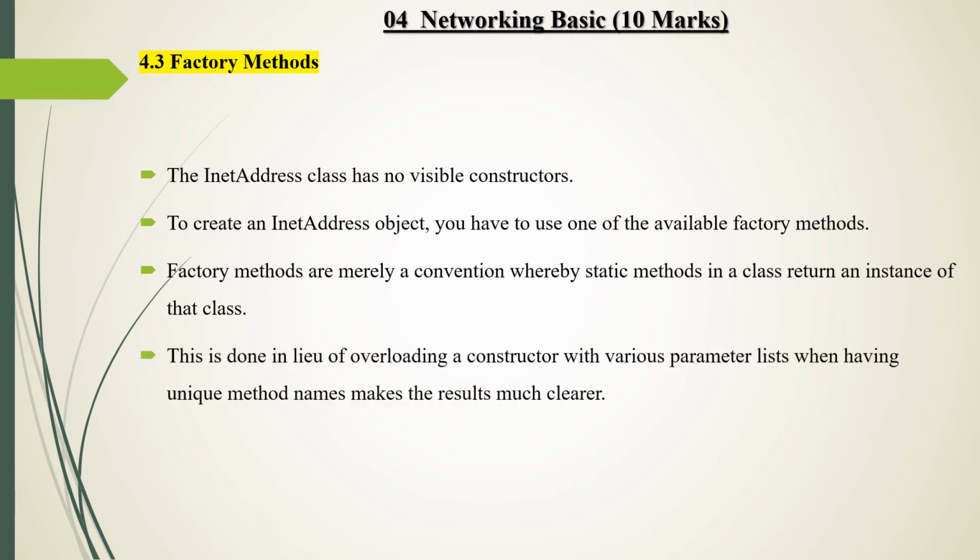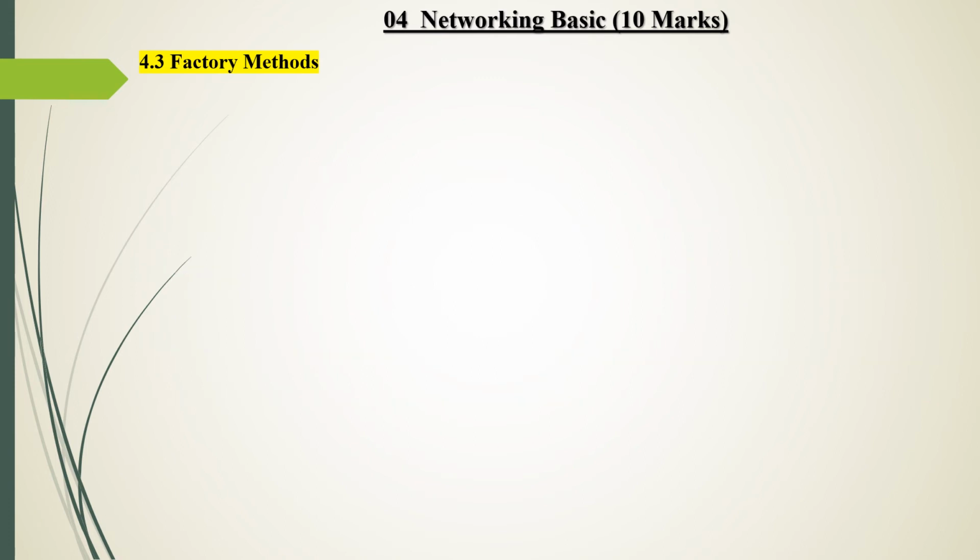This is done in lieu of overloading a constructor with various parameter lists, since having unique method names makes the result much clearer. There are three commonly used InetAddress factory methods, shown here.